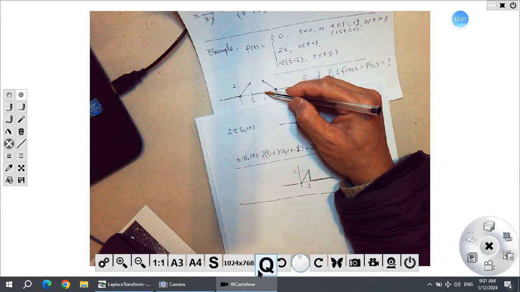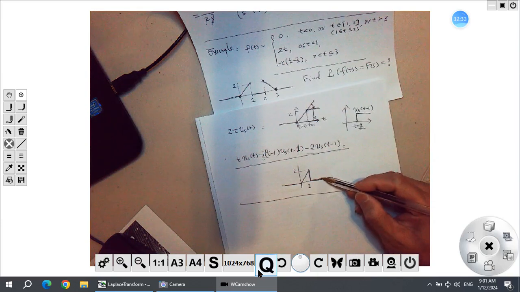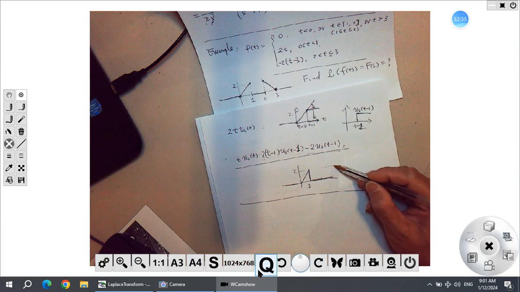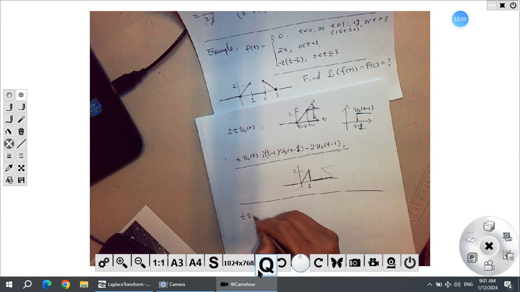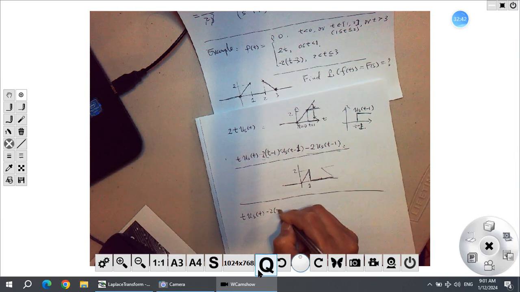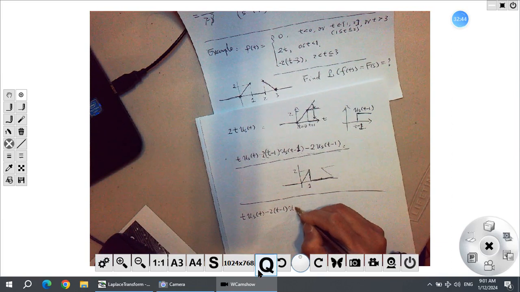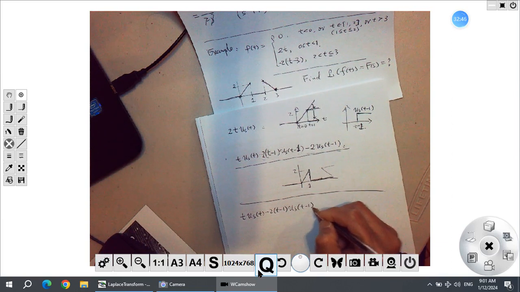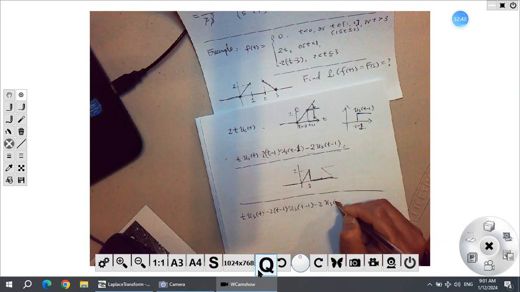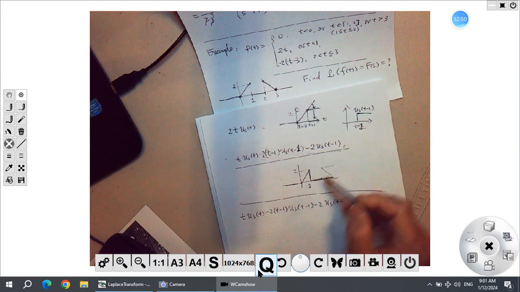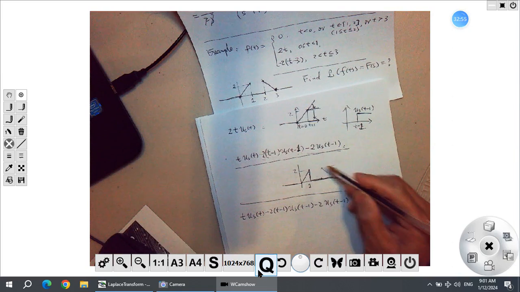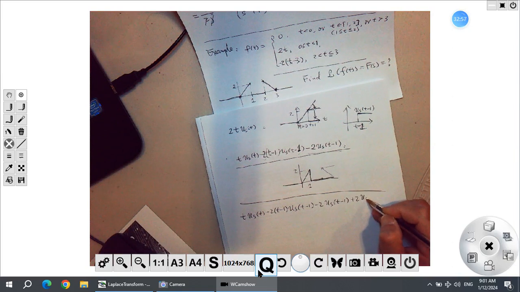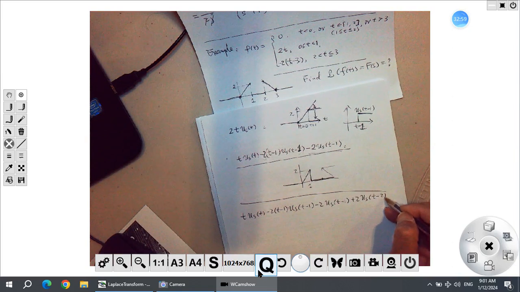So here the value will jump up, to be like this, and with a negative ramp. So it is t u(t) minus 2(t minus 1) u(t minus 1) minus 2 u(t minus 1). This is this one, right? And here we need to jump up to 2. So plus 2 u(t minus 2), because the jump happened at t equal to 2.